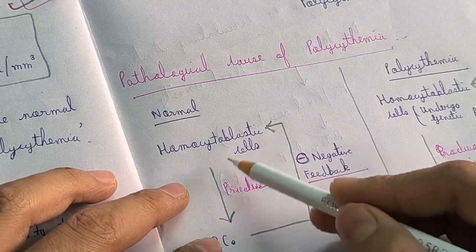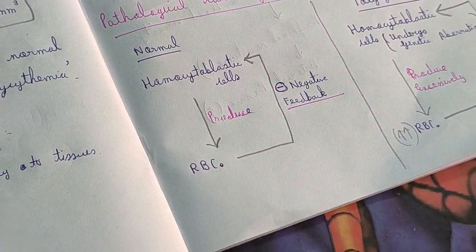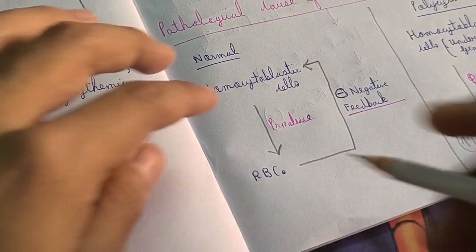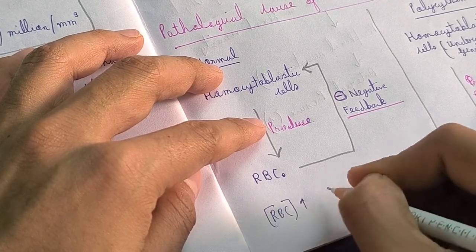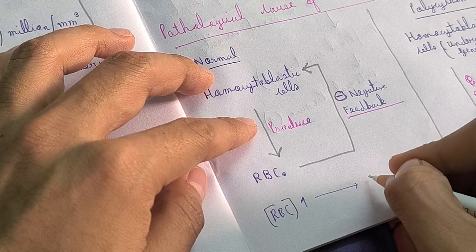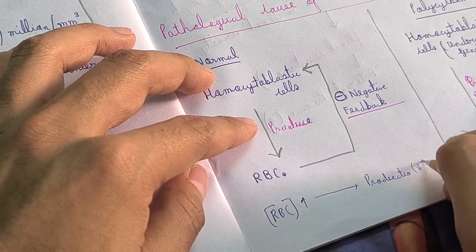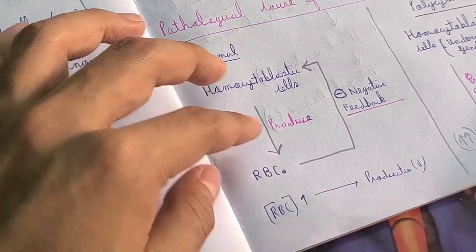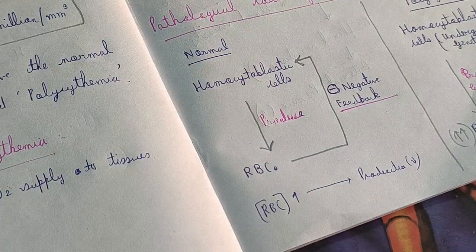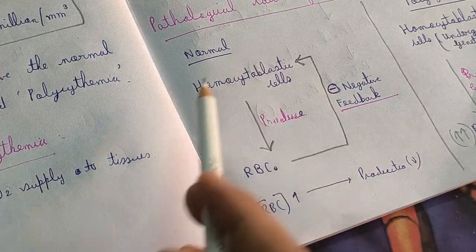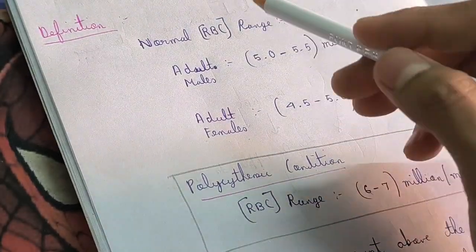But there is a negative feedback mechanism: if the RBC concentration is more, then this production automatically decreases, and vice versa. If it is less, then production increases. On the basis of this negative feedback, the RBC concentration is maintained within the normal physiological range.